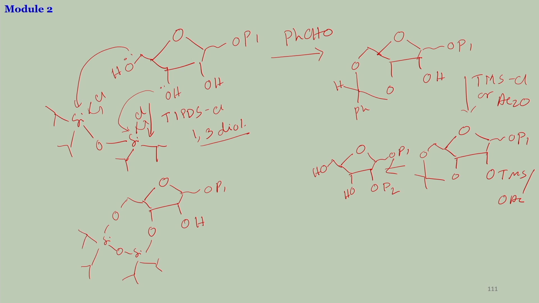This one will be formed, and your OH at the 2 prime position will remain free. And after this, you can do the same protecting group chemistry that you have done here. So, it will give you the selective protection as you see. And later on, you can also open this up just by treating it with a slight amount of acid or any fluoride.